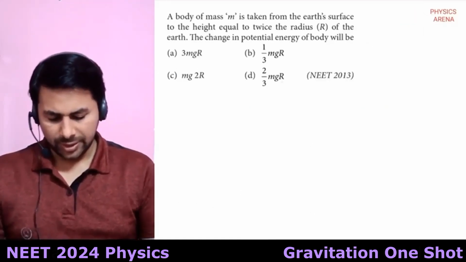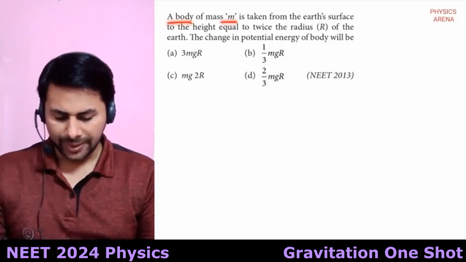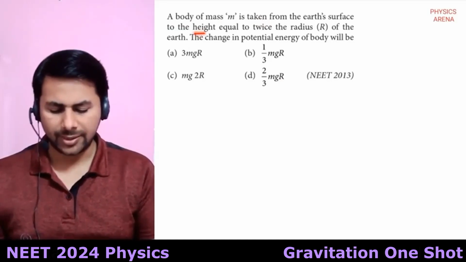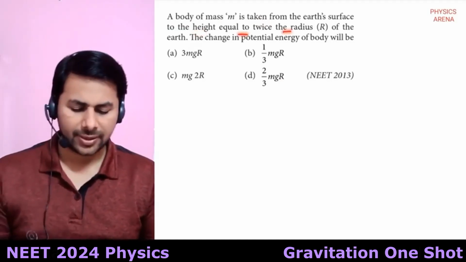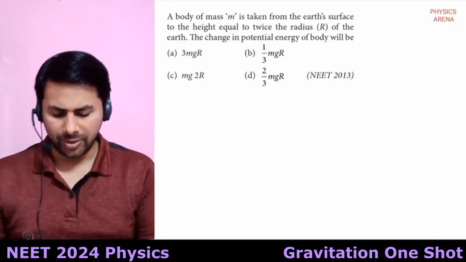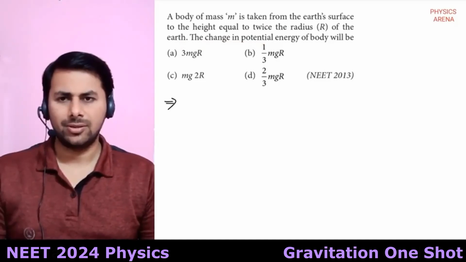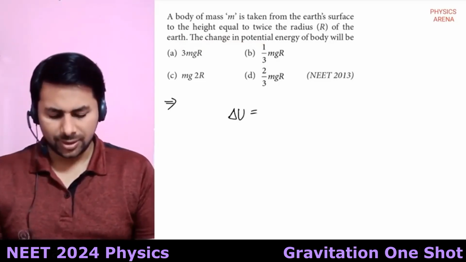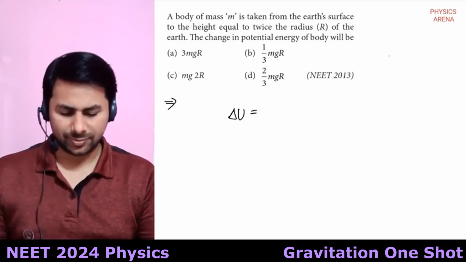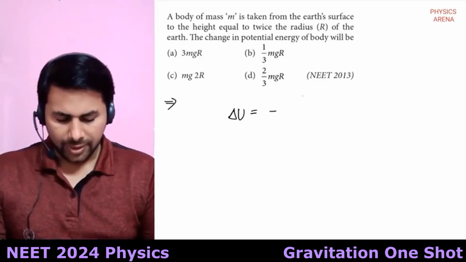Let's see next one. Again, you have mgR. A body of mass m is taken from the Earth's surface to a height equal to twice the radius R of the Earth. Change in potential energy of the body will be. So tell me, delta U, minus GMm upon r. Okay, right.